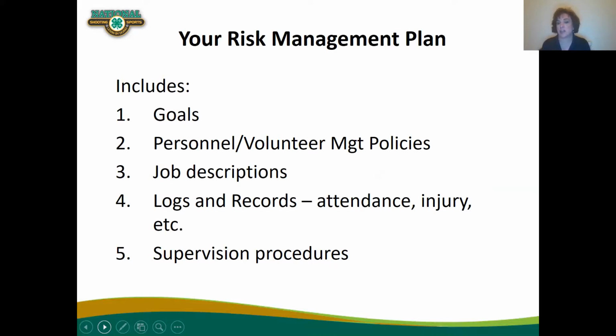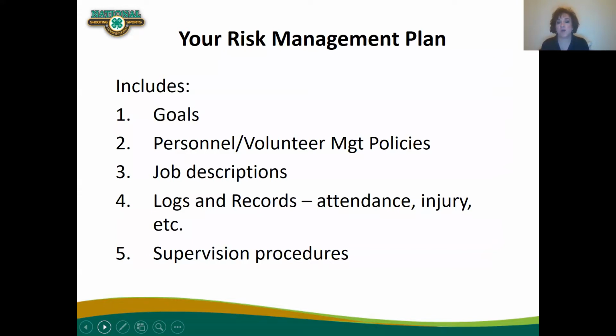A good risk management plan is going to address specific situations that might be encountered during the program. We need to think ahead about issues that might happen. With the goals of your program, simply put, what do you want to do? Why do you want to do it? And where do you intend to go with the program? Write it down.